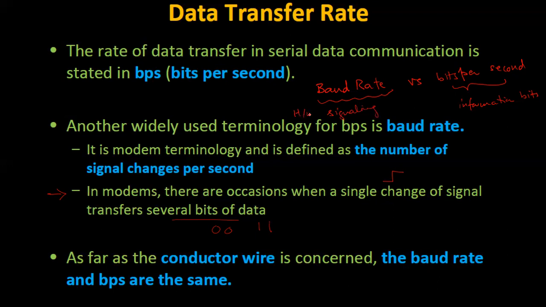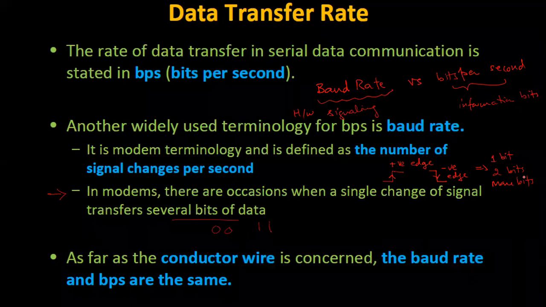This is a hardware or signaling effect. We can have a possibility कि एक positive edge और या फिर एक negative edge may represent 1 bit, 2 bits, or more bits. Okay, so the baud rate will be different in each case. Sorry, the bits per second will be different. So the baud rate, a single transition may result into multiple number of bits.